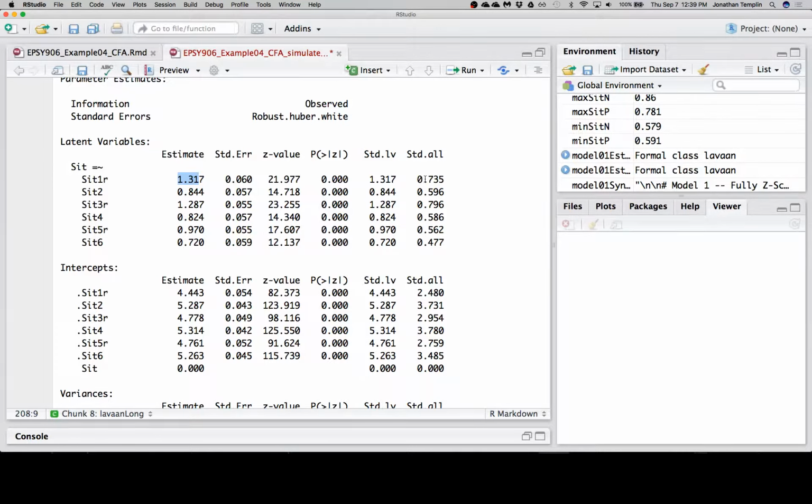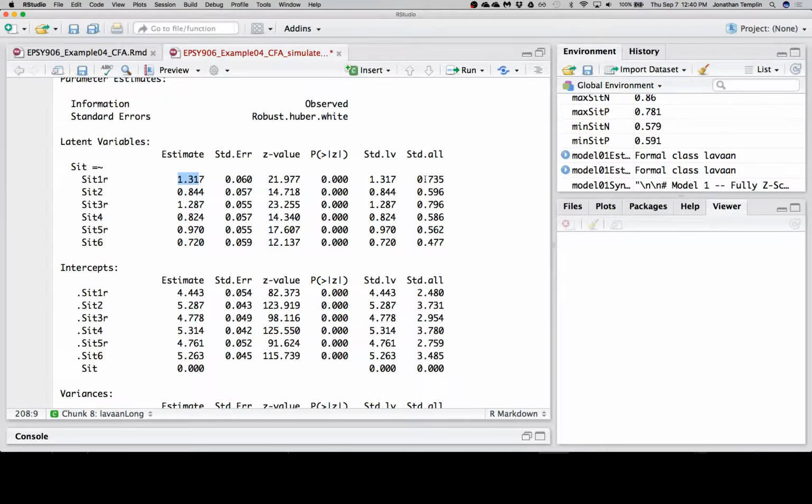Sort of. So what does std.lv mean? That is where we multiply by the units of the factor, but we do not standardize based on the item, the variable. So what that does is multiply by the standard deviation of the factor. Well, the standard deviation of the factor is 1 in this one.